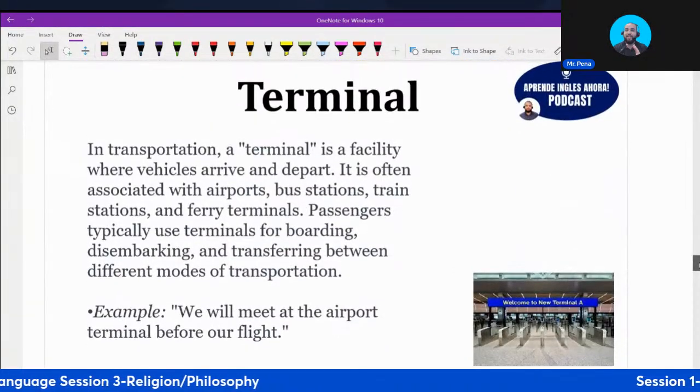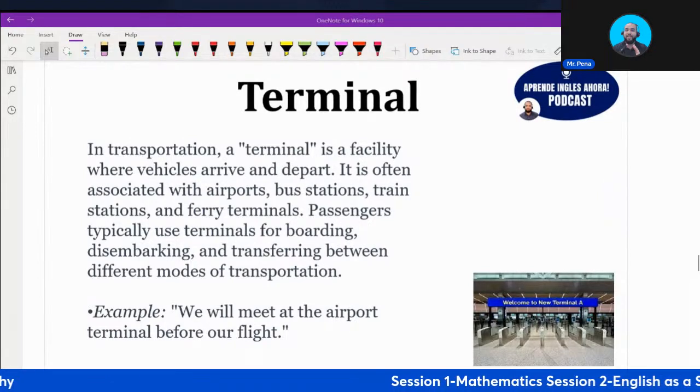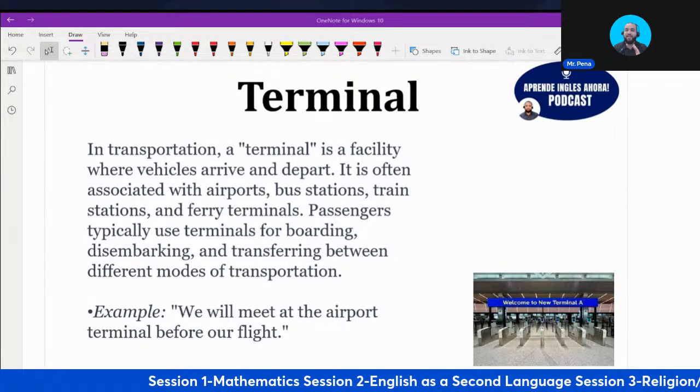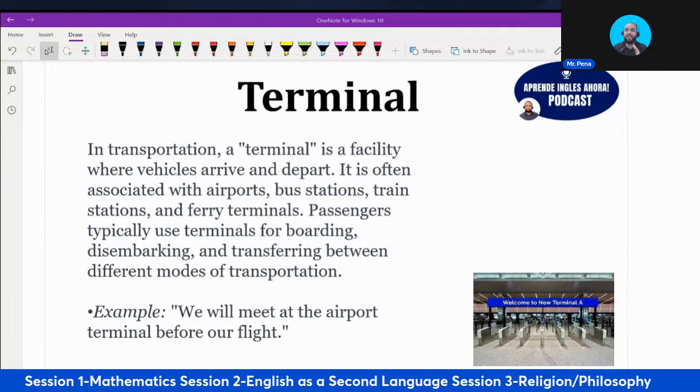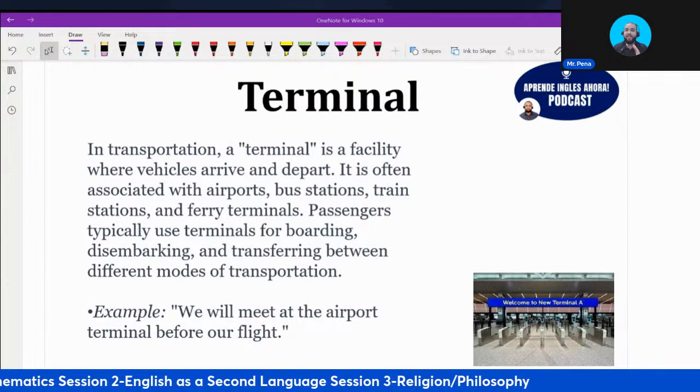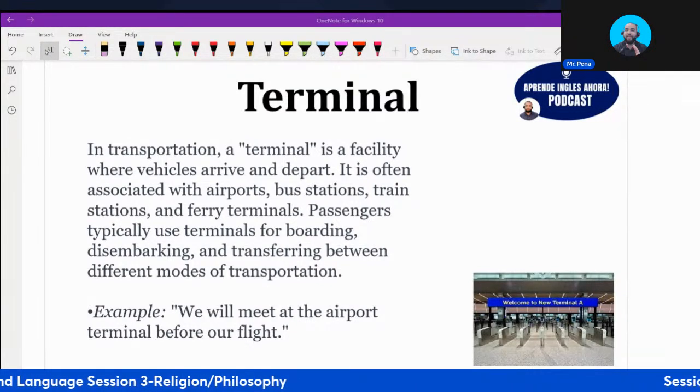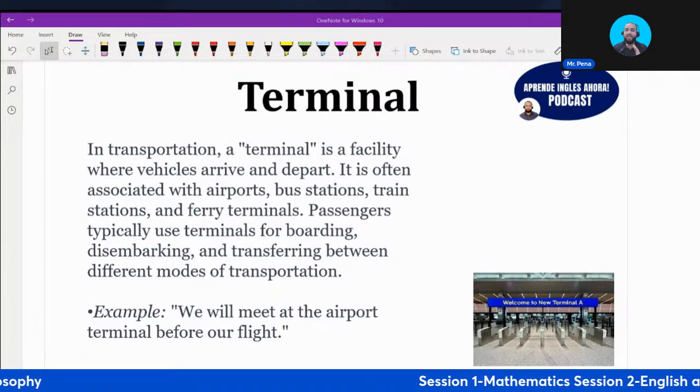Ooh, terminals. Every airport has terminals. It's how you get onto the airport. And you can see a picture of a terminal there on the bottom.